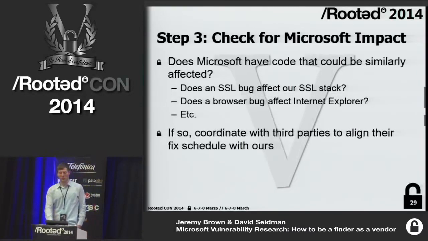So definitely want to check if it's an SSL bug, does it affect our SSL stack? We do put in the time and research to make sure that for third-party vulnerabilities, if we have similar implementations, we get those fixed as well. And then we can coordinate with third parties to align so we're not zero-daying each other, for example.